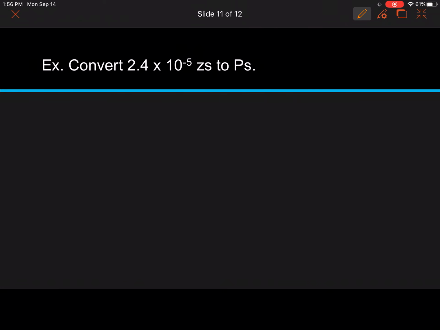So convert 2.4 times 10 to the negative 5. I have Z. What do I have this for? Oh, zepto. Zeptoseconds to petaseconds. Some of these prefixes get kind of weird. So I'm looking for petaseconds equals, I know 2.4 times 10 to the negative 5 zeptoseconds.